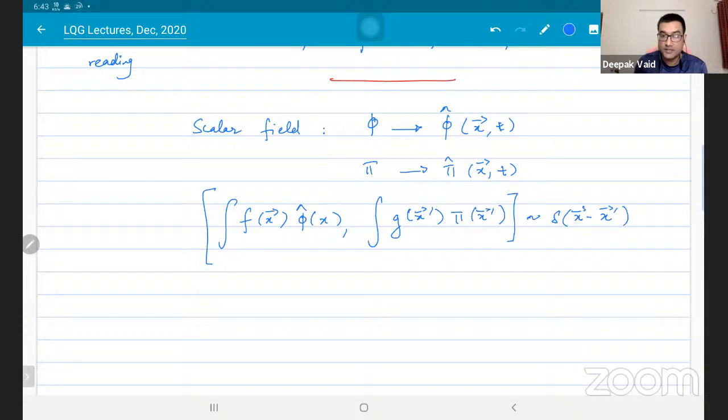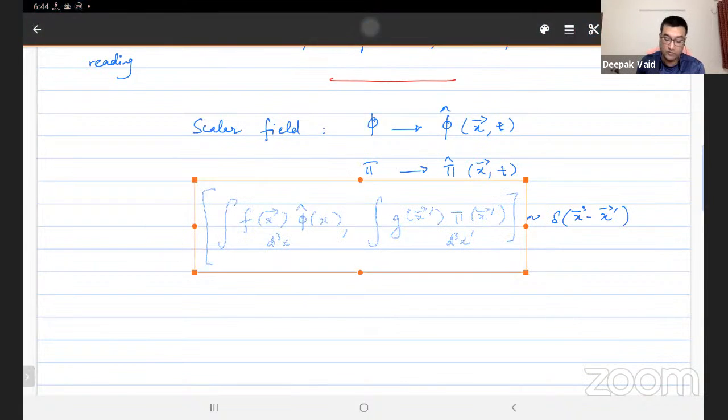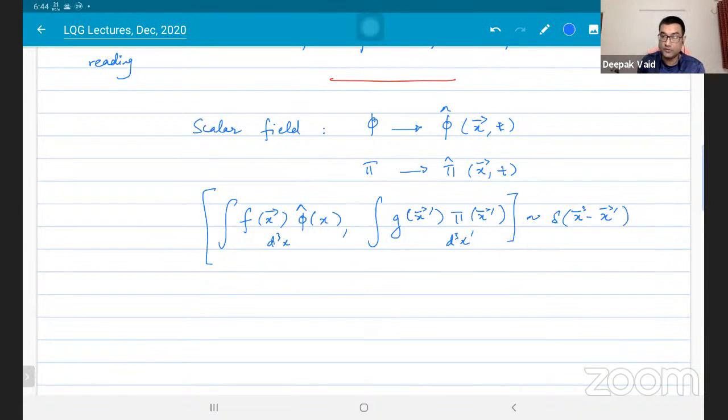But this delta function, again, there are issues with all of these definitions, right? The one main issue is that these are volume integrals, right? So if you look at this whole Poisson object, this combined integral, it's a 6-dimensional integral, right?